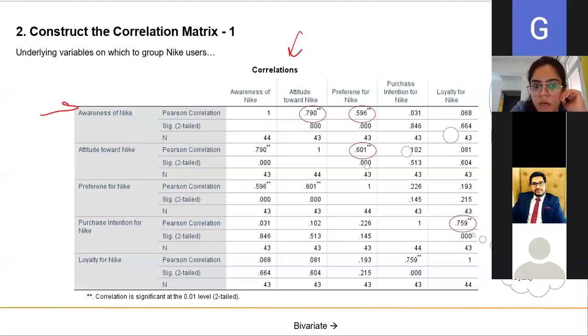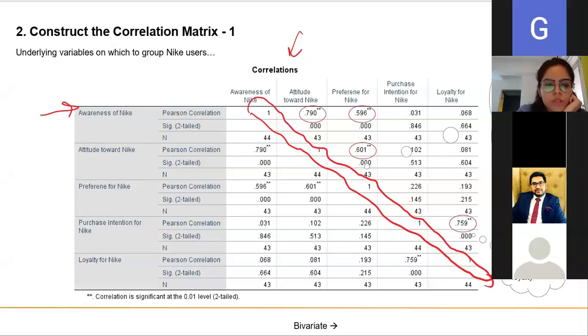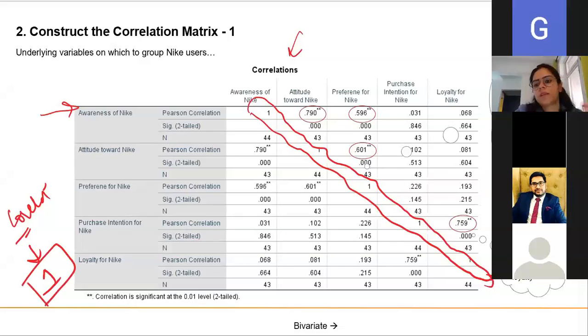So see, awareness of Nike and what all is correlated. You check it like this: first let's see these diagonal elements. What does this one mean? And why is it one? What is the highest correlation? 1. Highest, perfectly correlated. Yes, the highest correlation is 1. That means perfectly correlated.